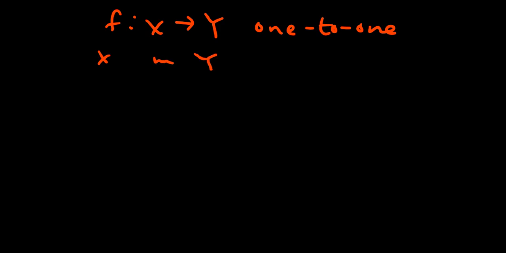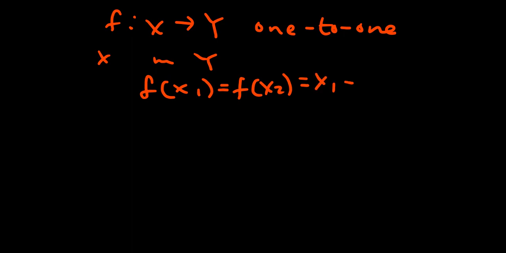There is only one element corresponding to that other element in y, and this can be written as f of x1 equal to f of x2 implies x1 equal to x2.